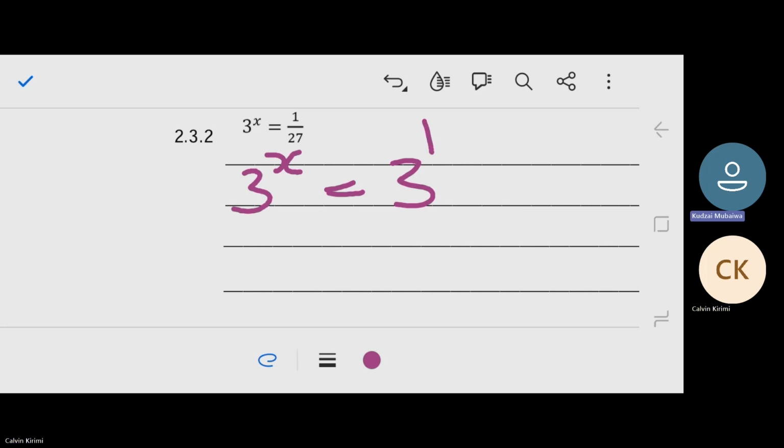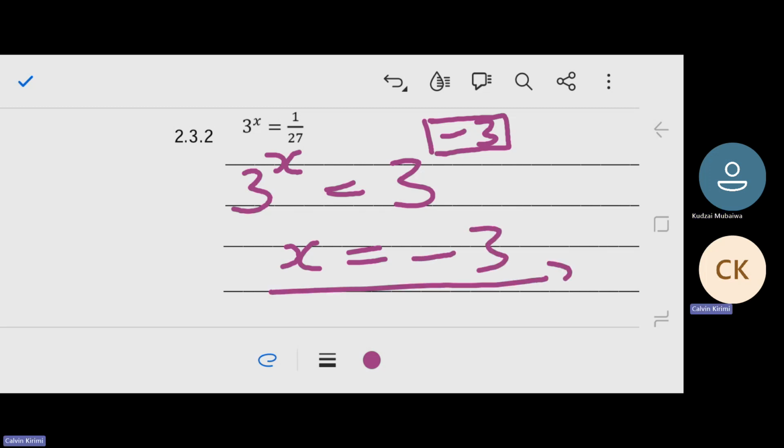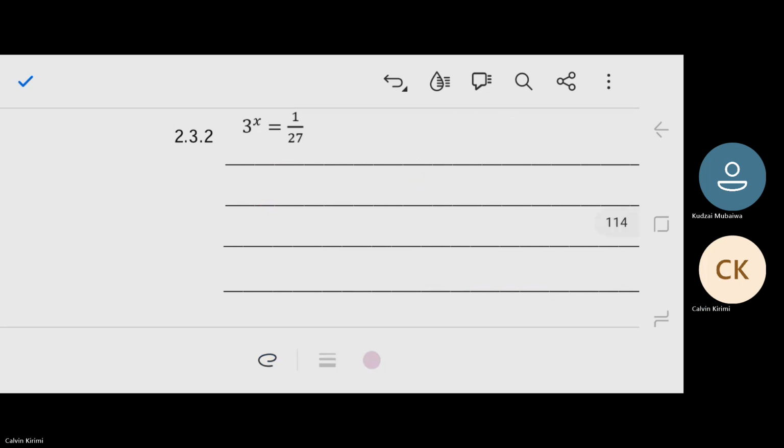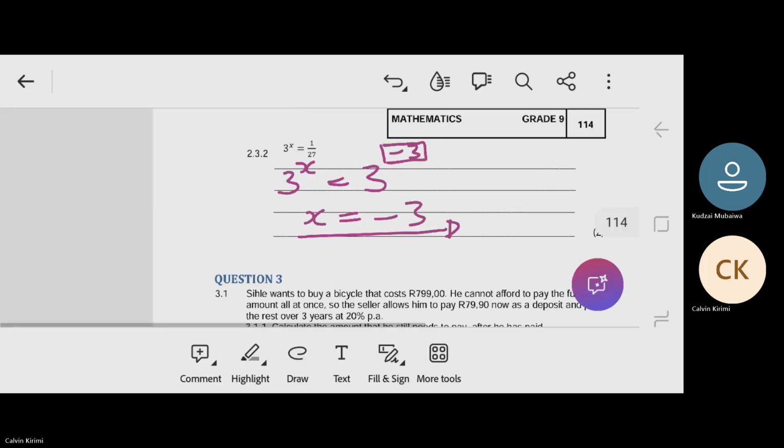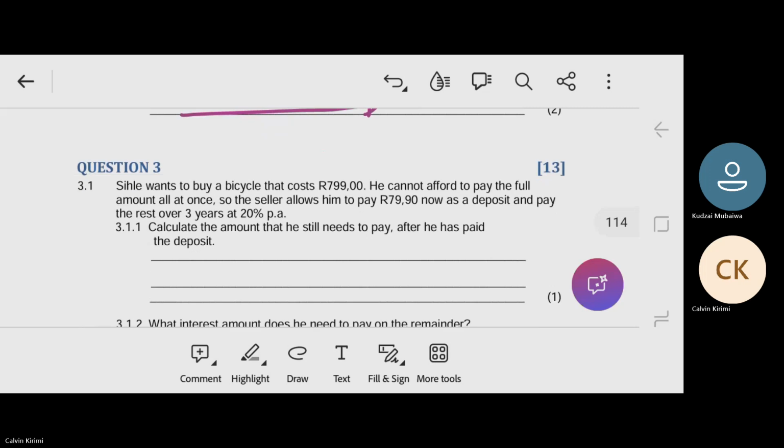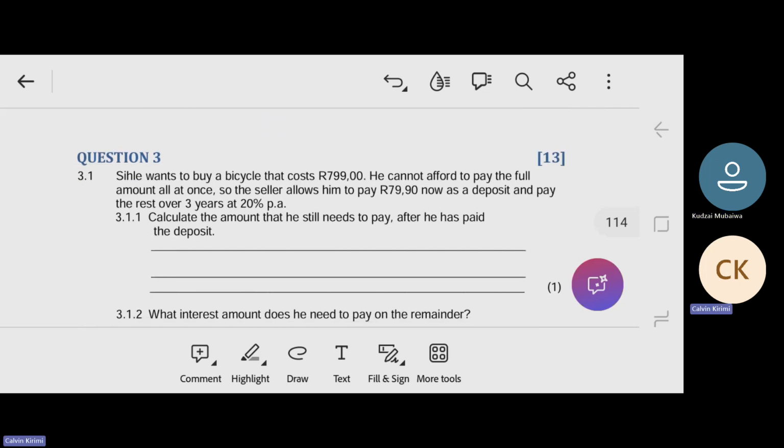Negative 3. 3 to the power negative 3. So your x is equals to what? Negative 3. That's your x. Let's go to number 3.